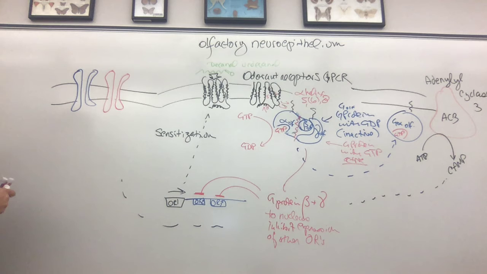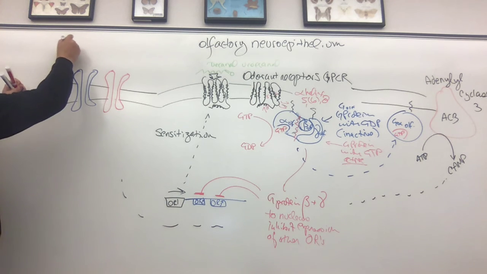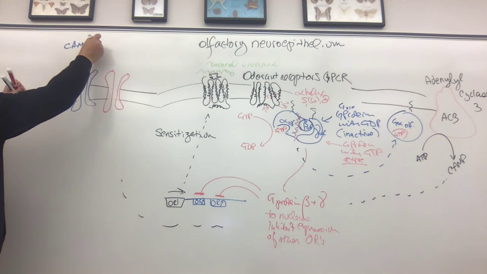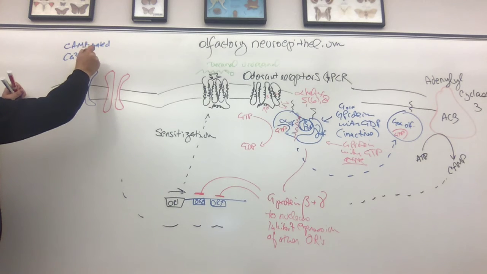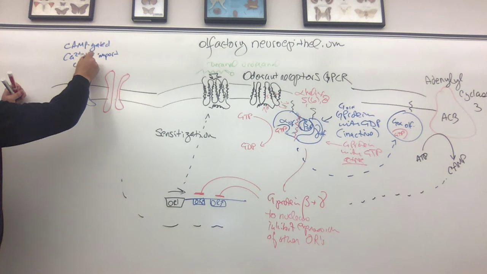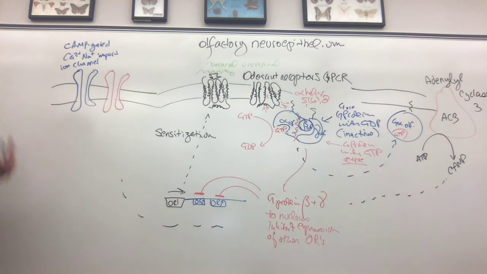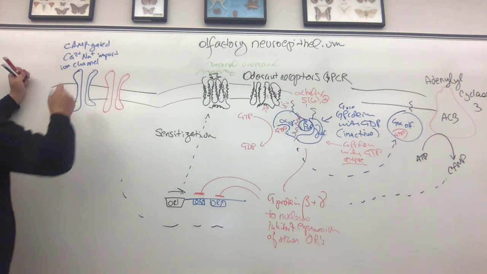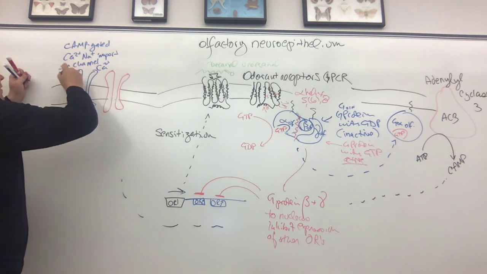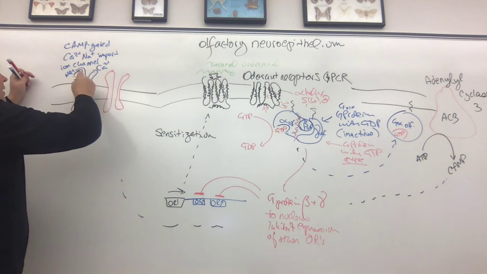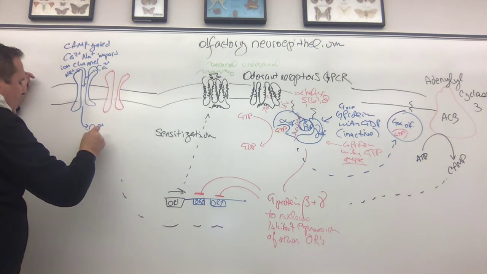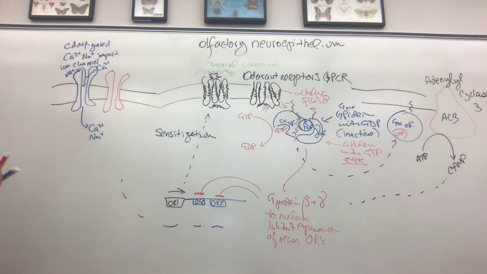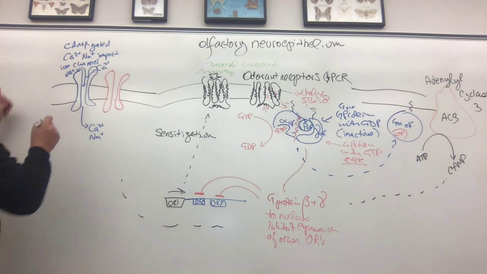Okay, and so channel number 1 is, of course, the cyclic AMP gated calcium and sodium cation channel. Ion channel. There we go. I mean, they're ions. I don't know. That's kind of implicit. And so Ca2 plus and Na plus are going to go in here. Boom. And they're going to come through. So we've got Ca2 plus and Na plus coming inside.